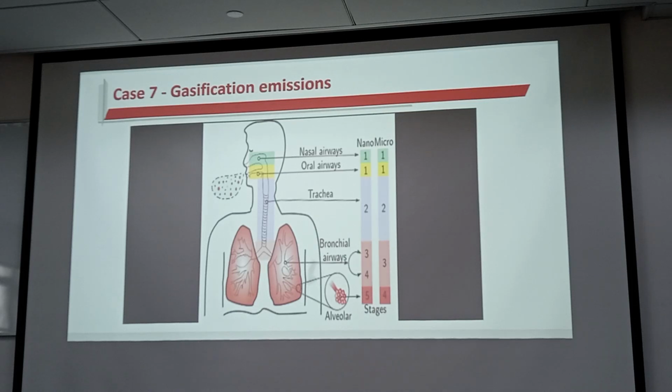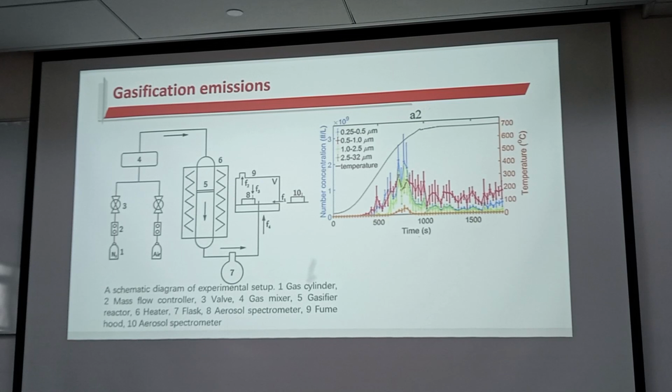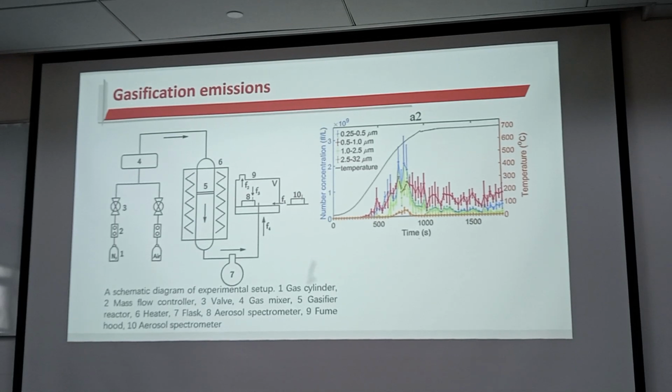So it is a very interesting method to analyze the particles from gasification emissions. In this process, this figure shows the relationship between height and the concentration of particles. From this slide, we can see that during the initial period, the concentration of different types of particles changed significantly.